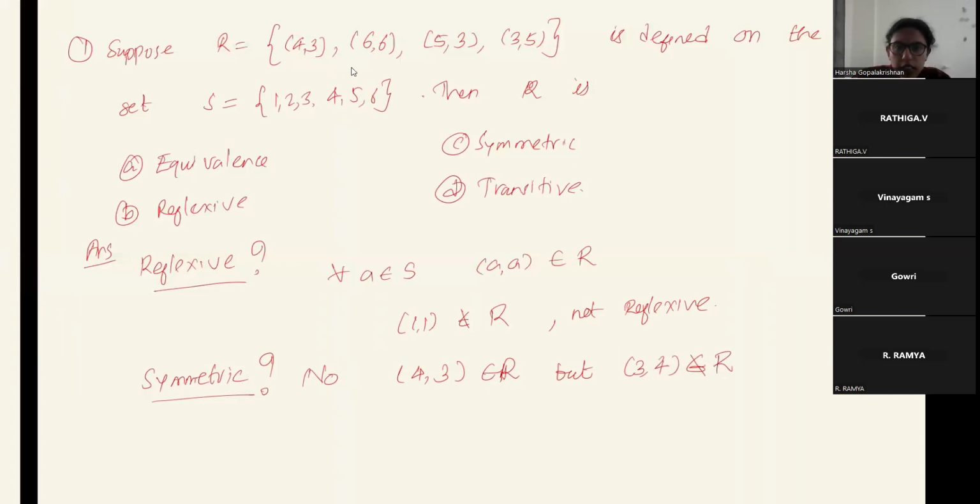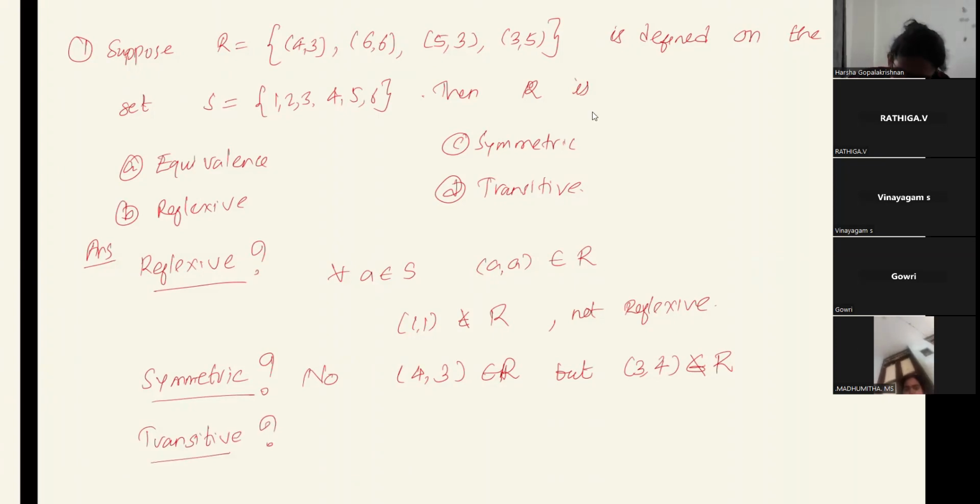Now, third condition. What is this? Transitive. Whether it is transitive or not. The reason is 4, 3 and 3, 5 are there, but 4, 5 is not.